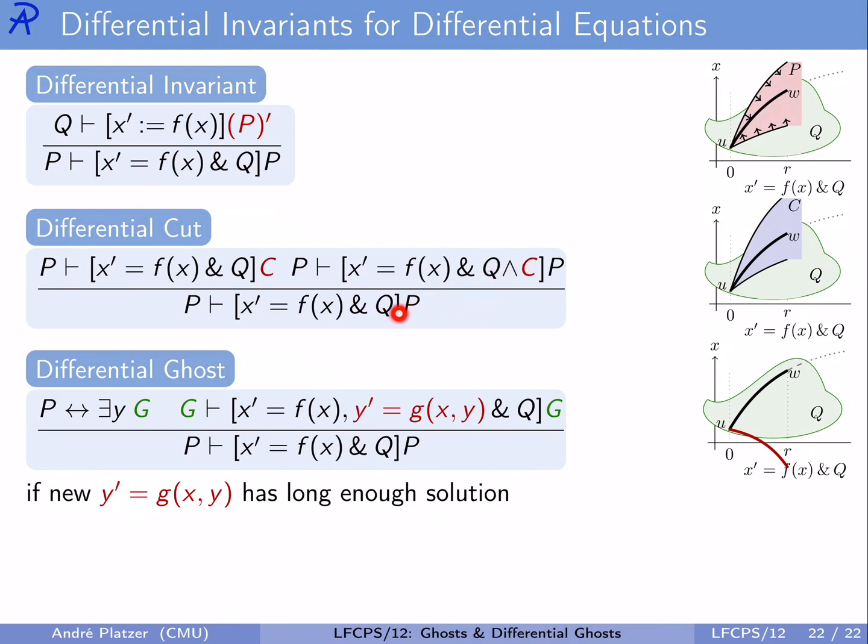Differential cuts edit the evolution domain constraint of a differential equation after first proving that that was okay, after proving that we can't leave C. We might as well assume that we can't leave C. Differential ghosts edit the differential equation in a linear way, remember, and for example, packaged up in the differential auxiliaries principle such that we prove another invariant G that, for some value of y, is equivalent to the old invariant P holding.